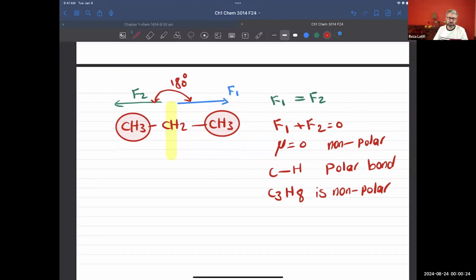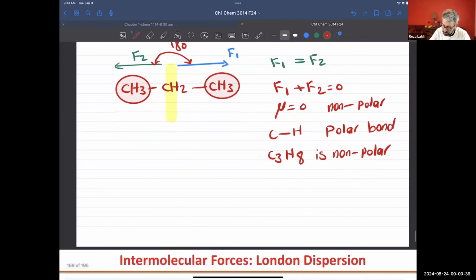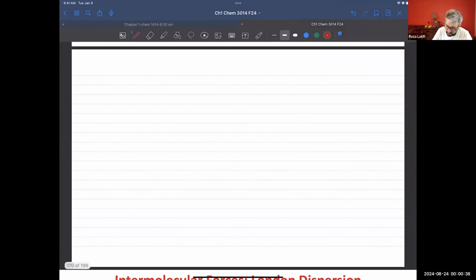So the molecule is nonpolar, but the molecule is all the time moving, and there is a chance that this molecule will collide with another molecule. And what will happen if you get a collision between them? So let's put it this way. We have a carbon attached to another carbon, and here's the third one.